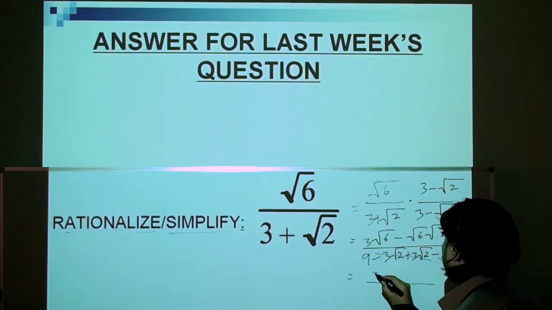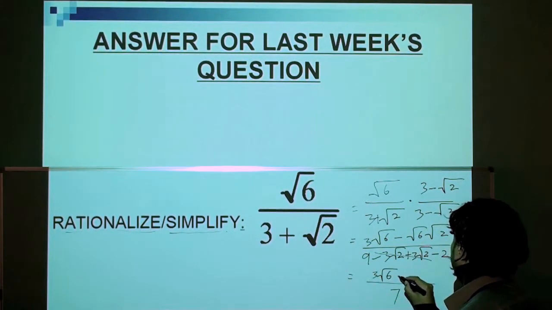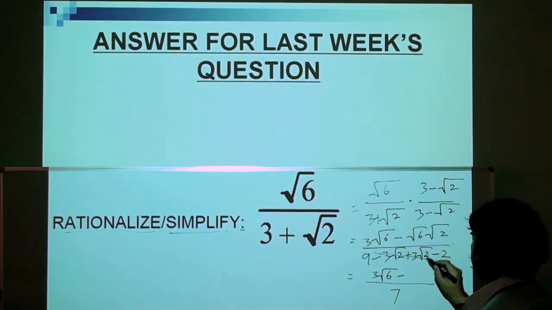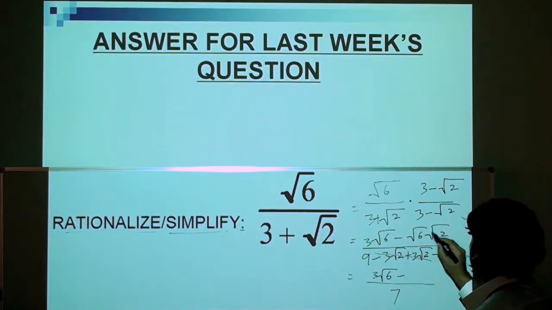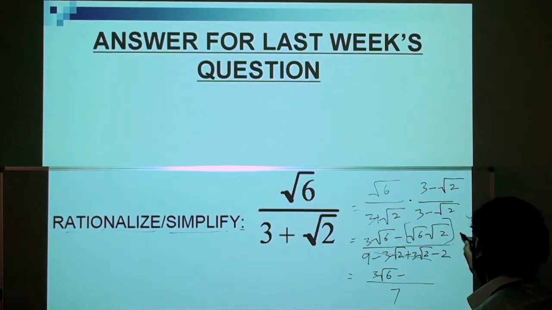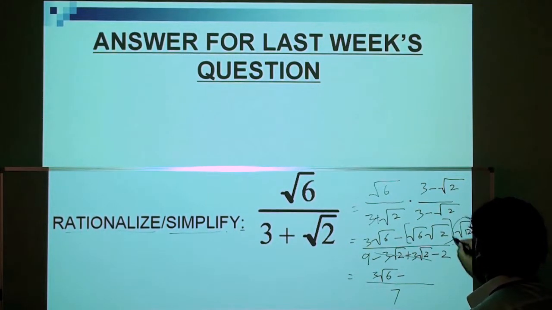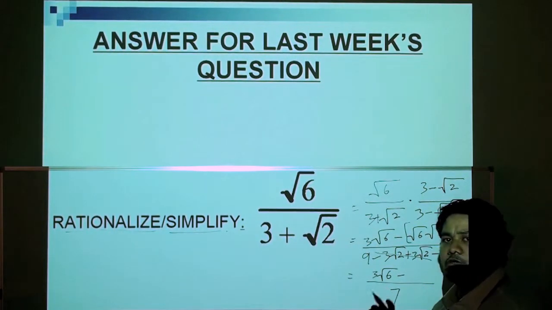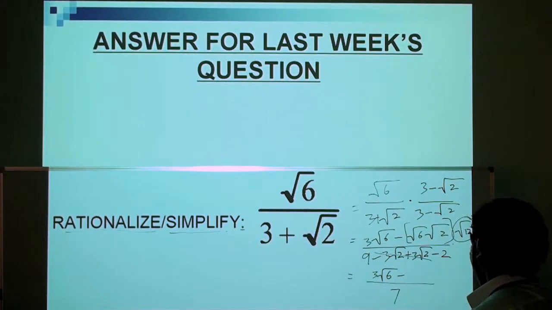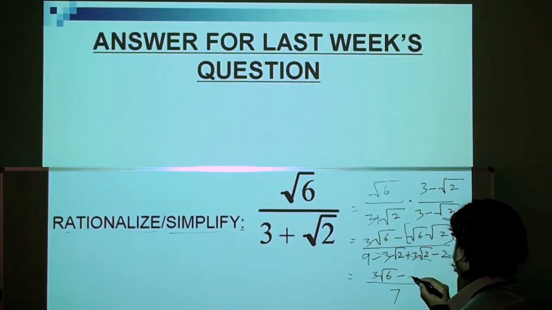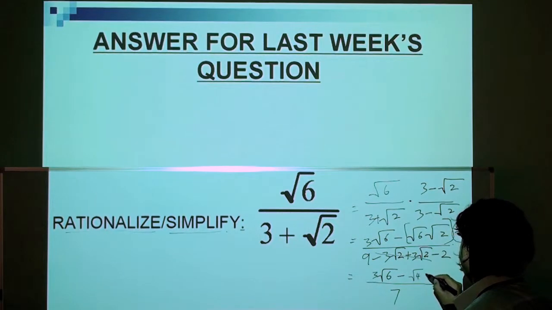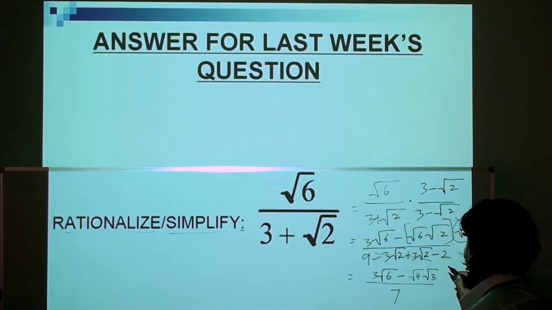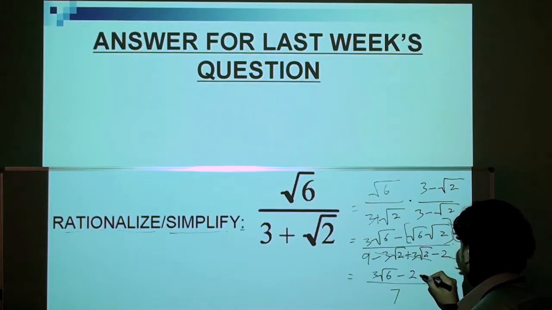And 3 square root 6 minus 2 6s are 12, so that will also equal the square root of 12, and the square root of 12 can also be written as, don't forget we talked about perfect squares, the square root of 4 multiplied by the square root of 3, okay, it's the same as that, and that can therefore be written as 2 square root of 3.